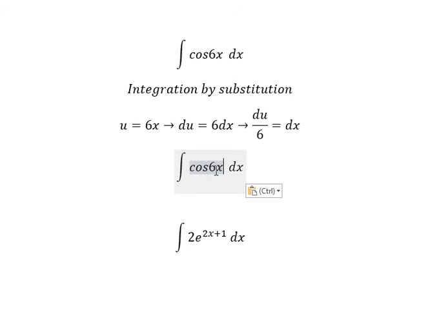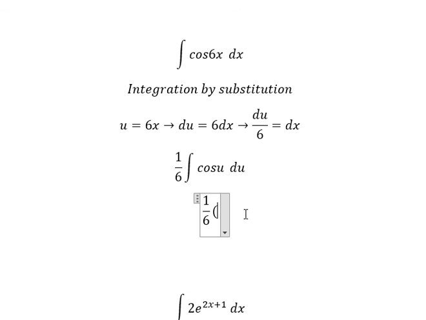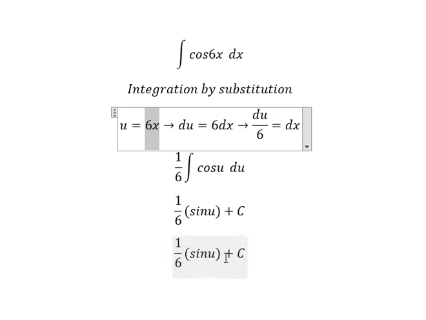So this one we change by u. The dx we change by this one. So the integration of this one, we will have sine u, and we put c. About u, that's about 6x.